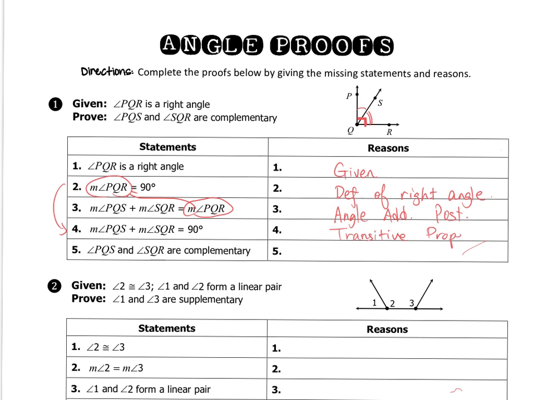Either one works. And therefore, now that I know these two angles add up to 90 degrees, I can draw the conclusion that they're complementary, and that's because of the definition of complementary angles.